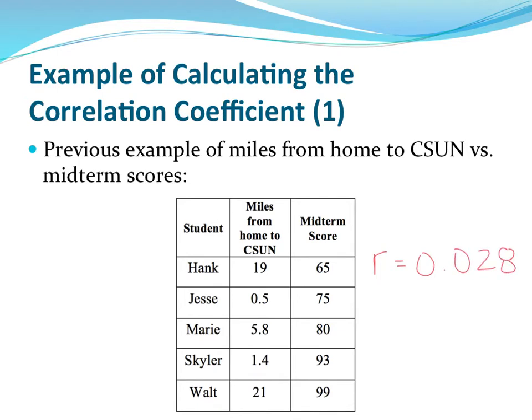Since our correlation coefficient of 0.028 falls very close to 0, but on the positive side, we can say that the two variables we were looking at, miles from home to CSUN and midterm score, have a very weak relationship, and the direction of the very weak relationship is positive. Many would conclude from this very weak correlation coefficient that there is very little, if any, relationship between miles from home to CSUN and midterm score based on this data.